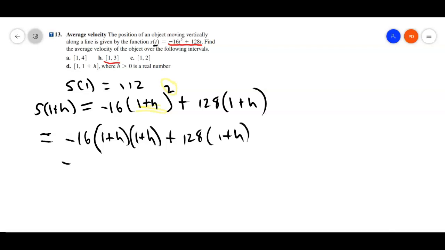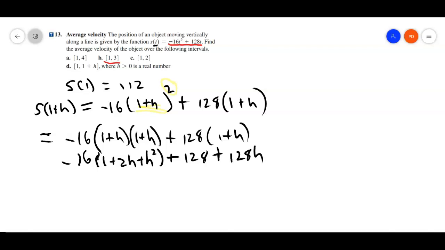So when I do that, I get negative 16 times 1 plus 1h plus 1h. I'll get 2h in the middle plus h squared. Don't miss that 2h in the middle. Plus, and I'll distribute this 128, plus 128h.